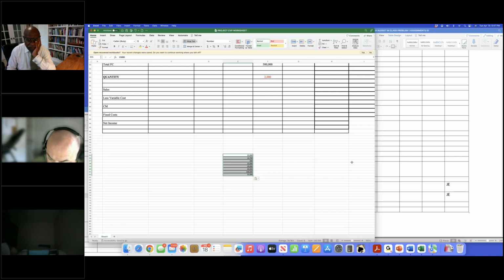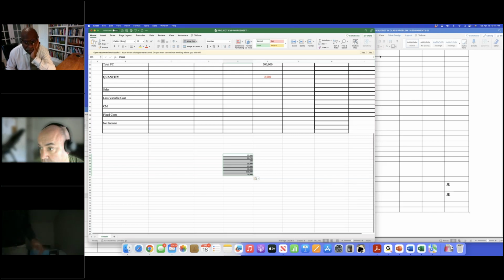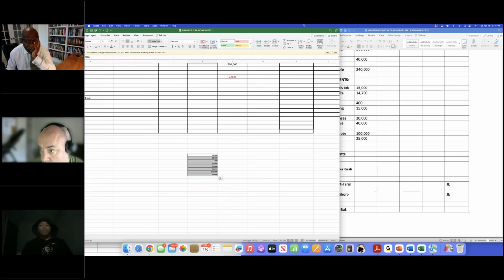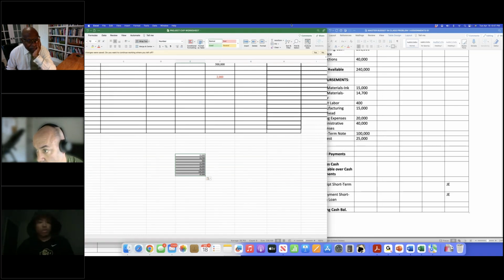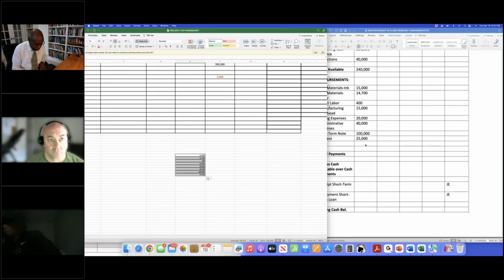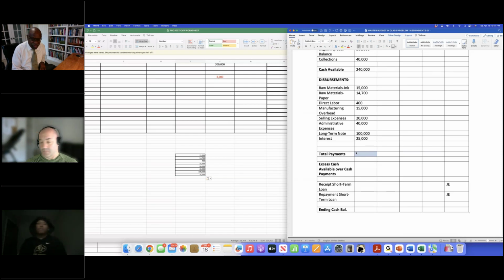Is that right? Yes, sir. So you notice something I did was I just copied from the Word document and put it in Excel, then once I highlighted it, it told me what the sum is. So sometimes you can do that.